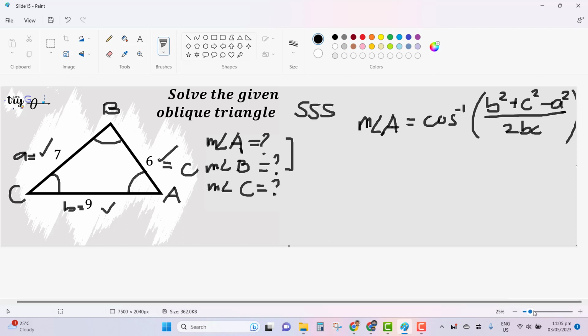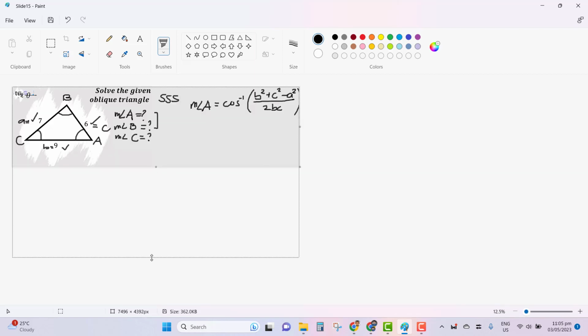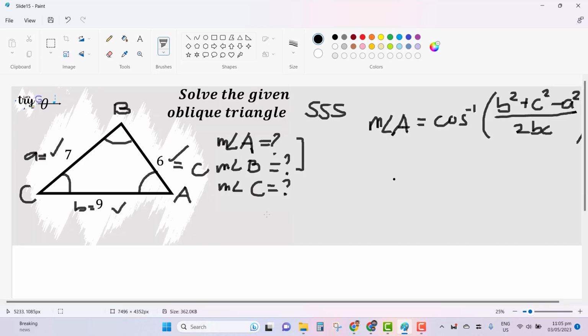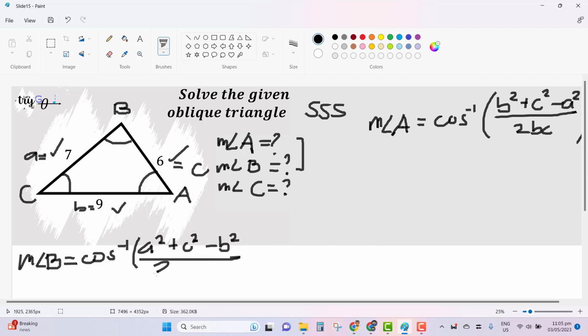We could also write here for the measurement of angle B its formula using the same pattern. You have cosine inverse, and your B squared is the last expression, the one to be subtracted from the sum of A squared and C squared, and your denominator would be twice AC, and that's your pattern. Now for the measurement of angle C, again, we will stick with the triangle angle sum theorem.